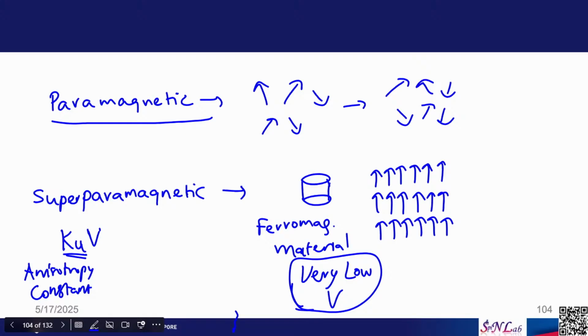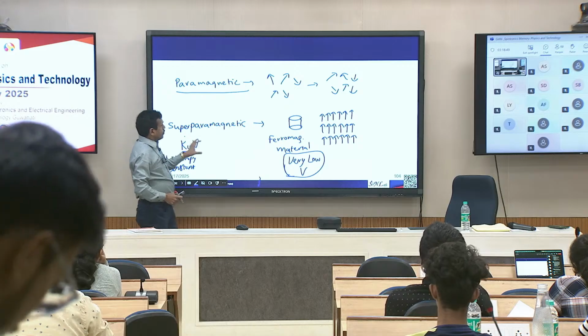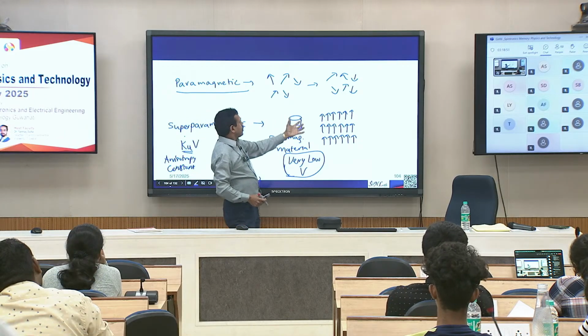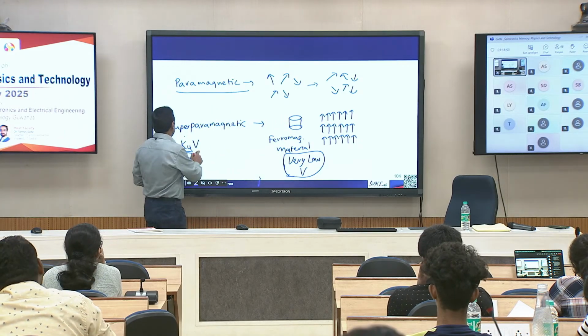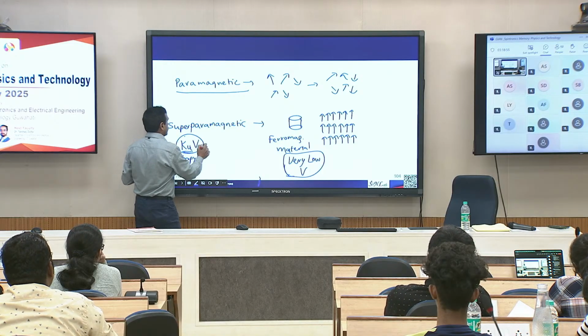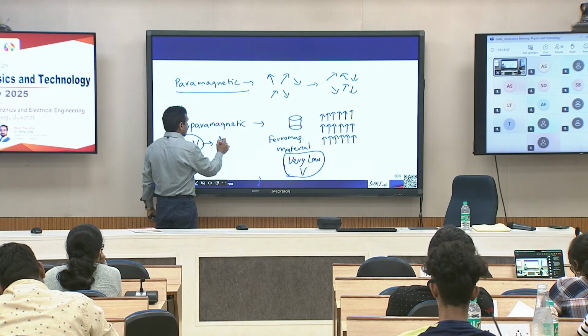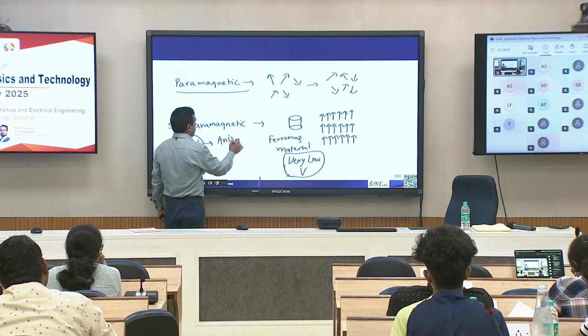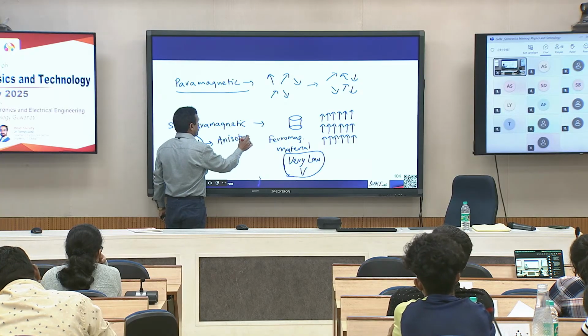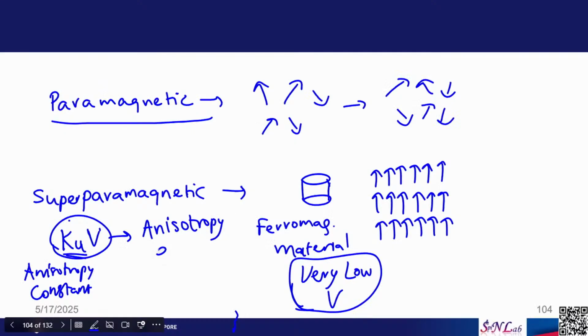So, if you multiply the anisotropy constant of the material with the volume of the particle that you have prepared, you have this term. This is called anisotropy energy. This energy is the one that keeps the magnetization fixed in one particular direction.